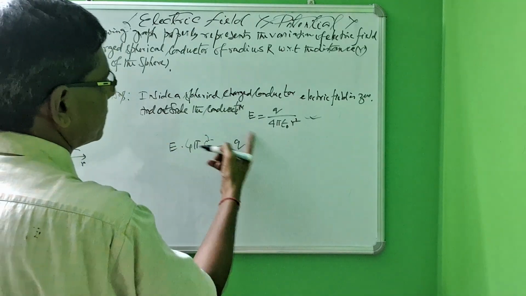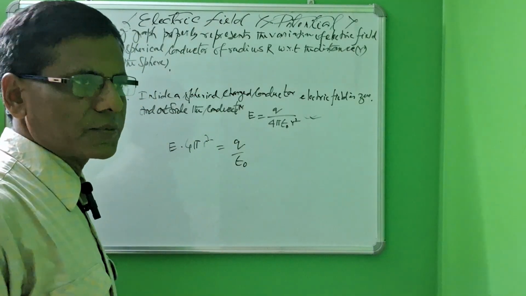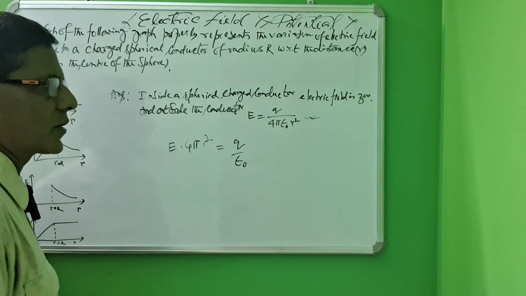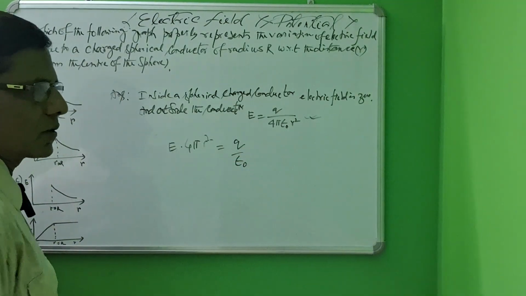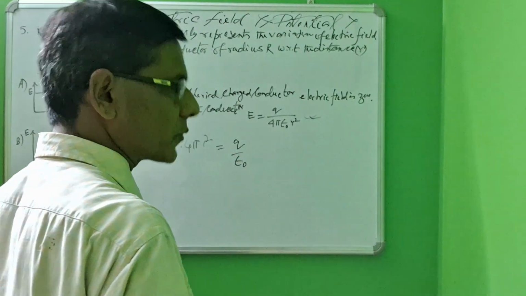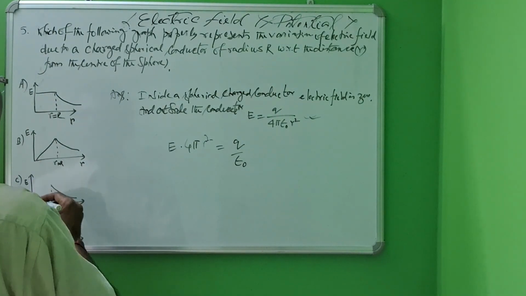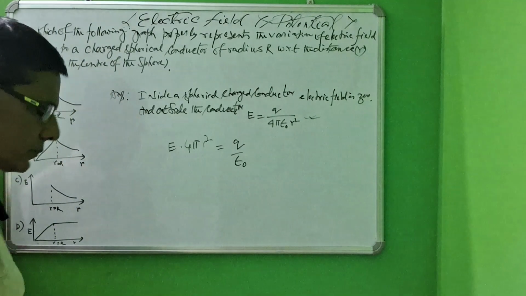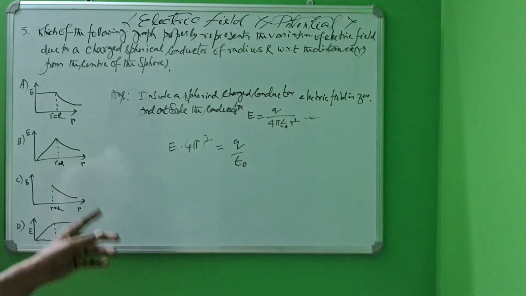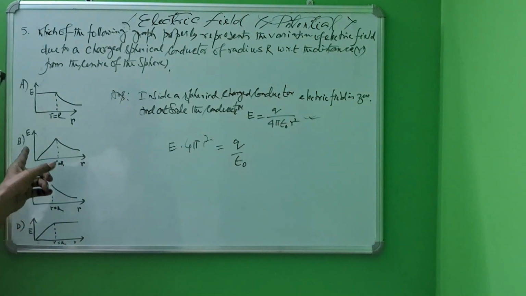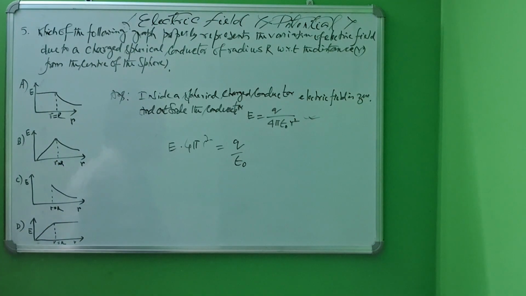Total electric flux equals 1 by epsilon 0 times the charge present inside the hypothetical spherical surface. Here electric field is obtained, so where there is electric field there is a charge.